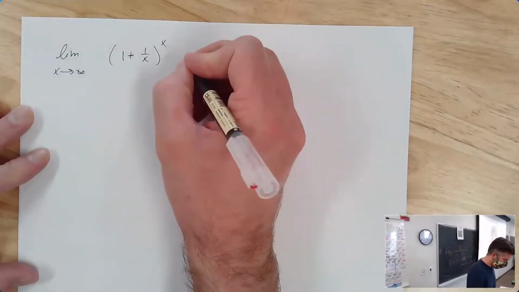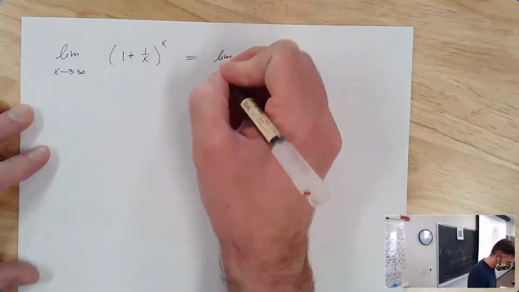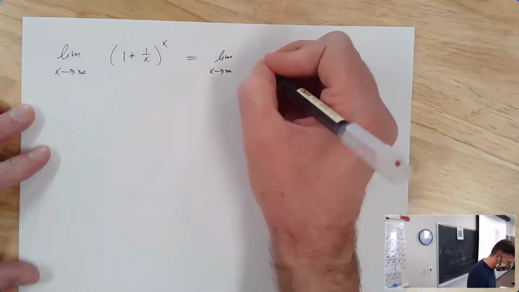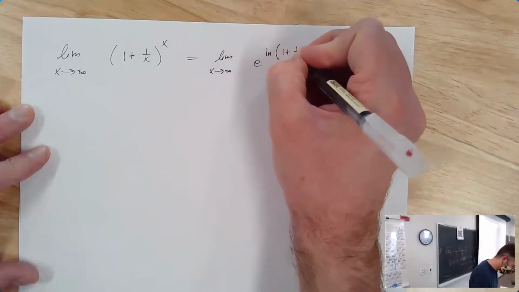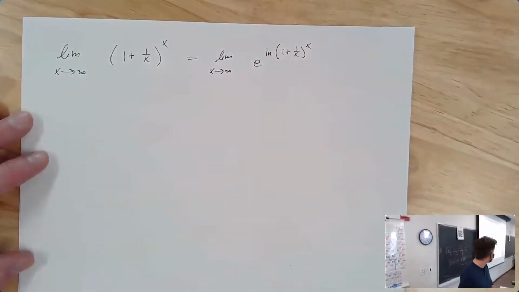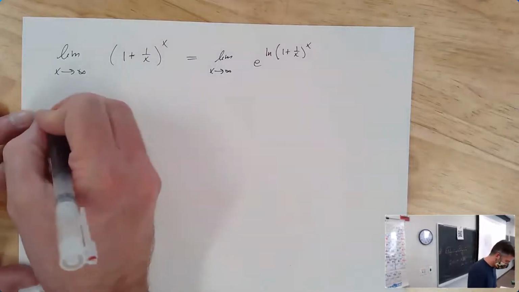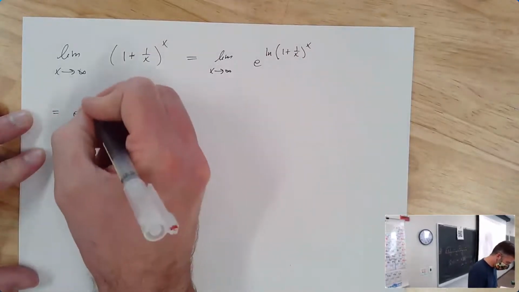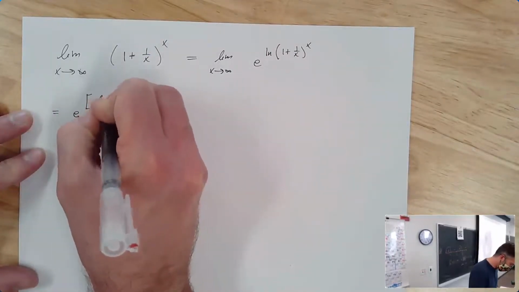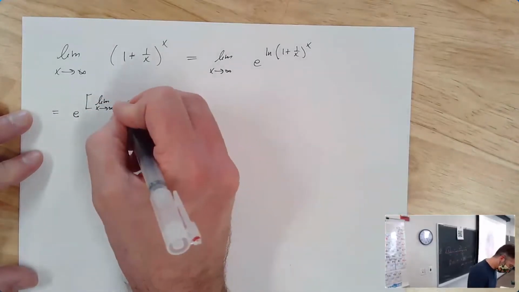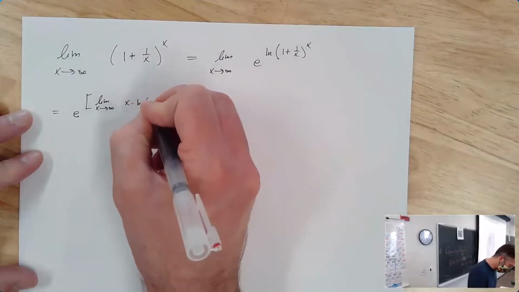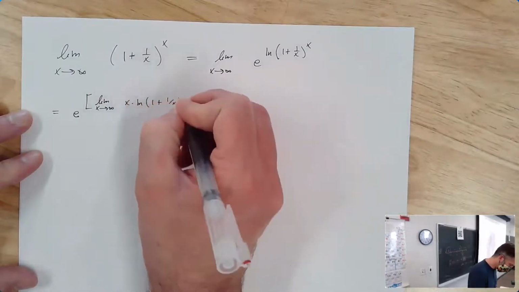So we're going to do it the other way. I'm going to do this as the limit as x goes to infinity of e to the natural log of 1 plus 1 over x, to the x. And we're going to rewrite this as e to the limit as x goes to infinity of, I'm going to bring the x down, so it's x times the natural log of 1 plus 1 over x.